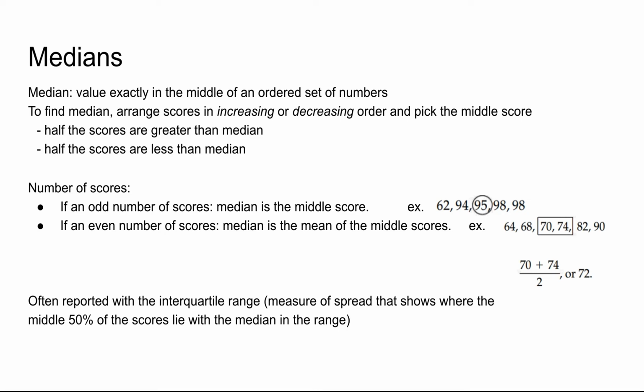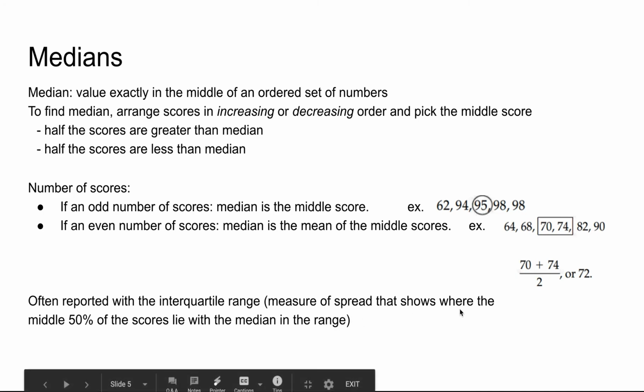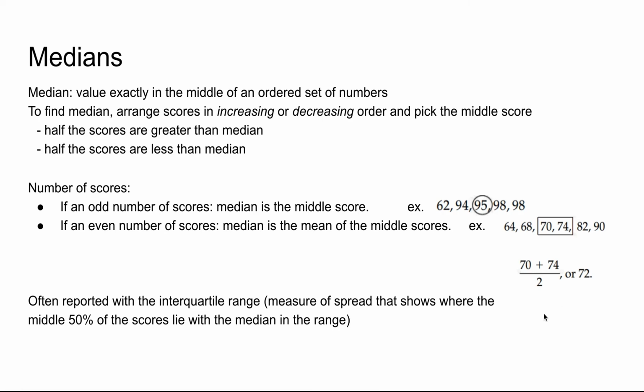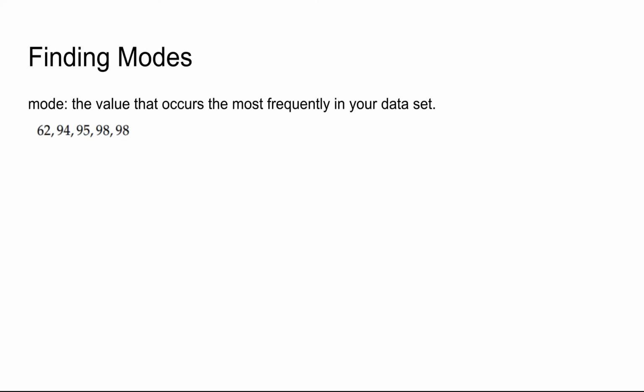Okay, Q2, second quartile, because it's right in the middle, 50%. The first quartile should be 25%, and the third quartile will be 75%. So we're gonna talk about that a little bit. But to find that interquartile range, you're gonna use the median. Just remember that one now.